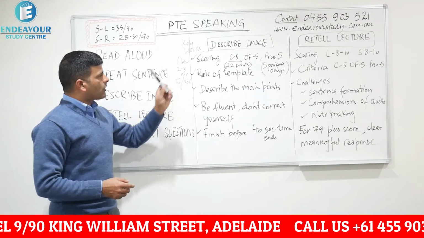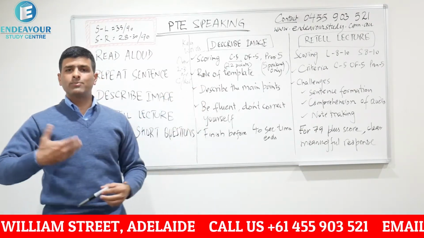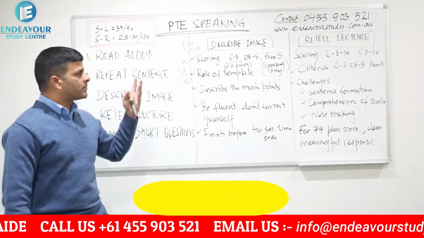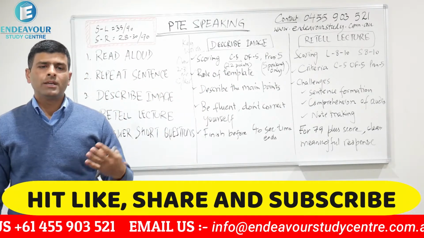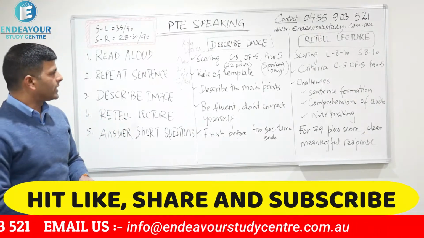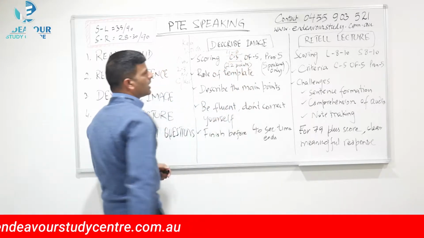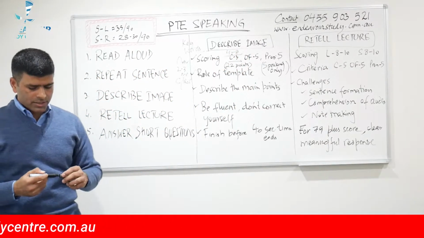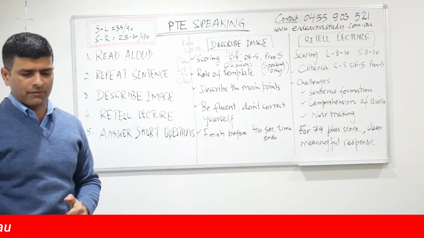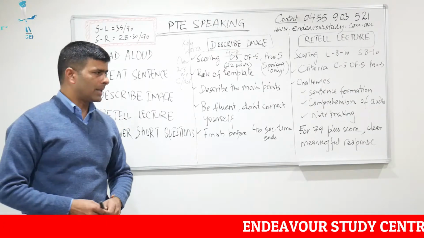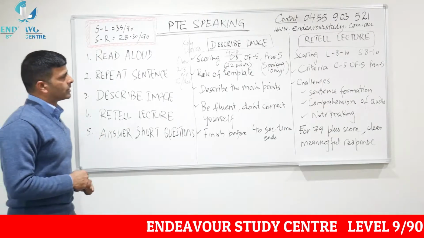That's your content scoring, and while you are speaking that content, they are also grading you for your oral fluency and pronunciation. You have 5 marks each for oral fluency and pronunciation. In the exam, you're going to get anything between 4 to 8 described images, but that number can change. You may be lucky if you get 3 sometimes, or sometimes even 8, lucky or unlucky, whichever way you want to put it.